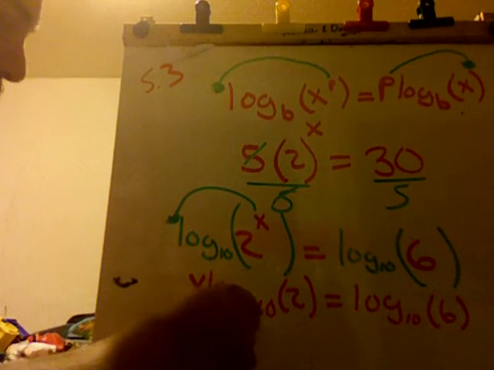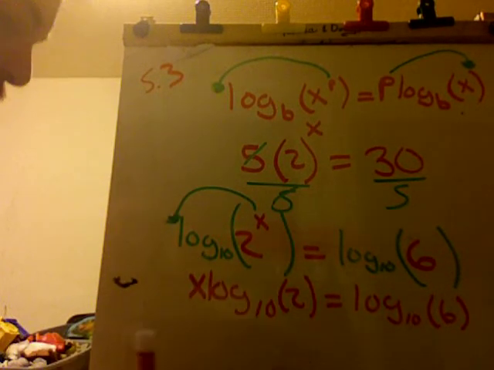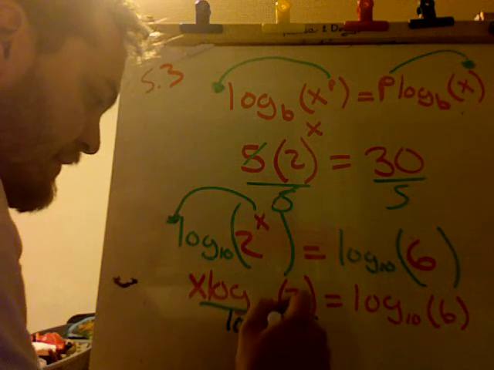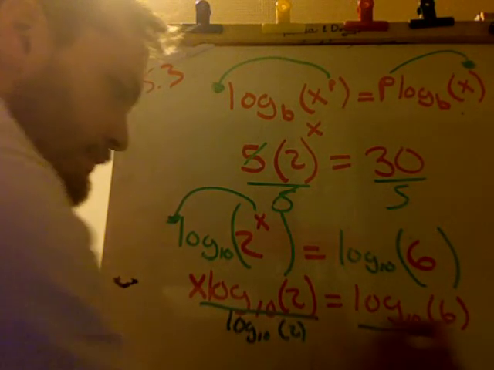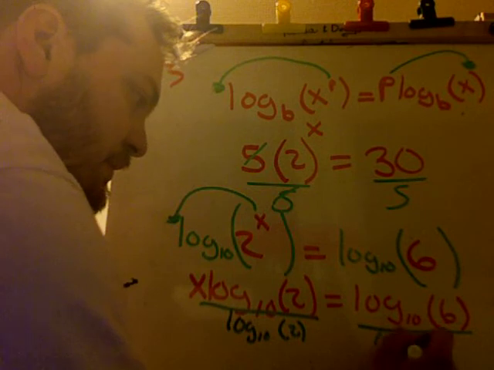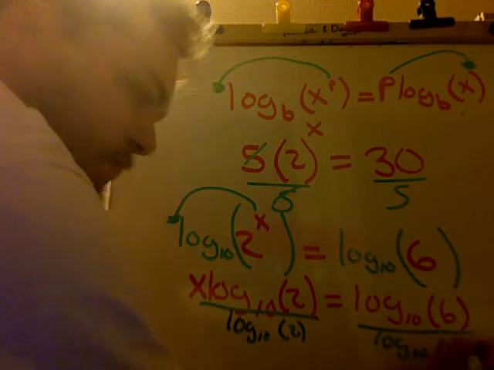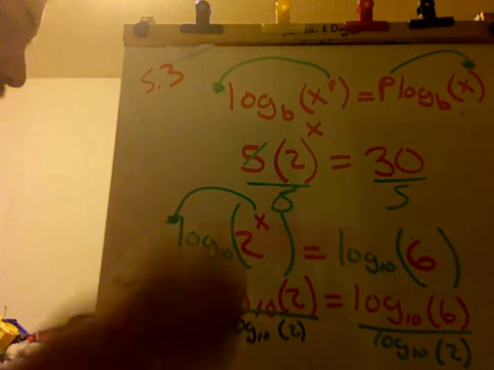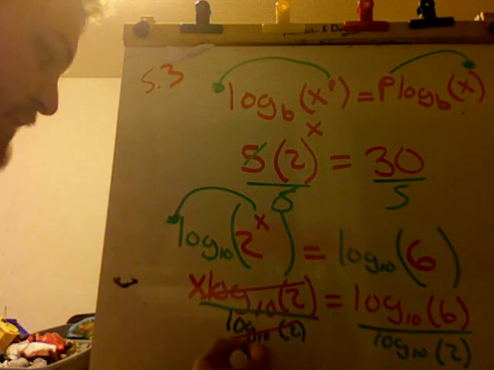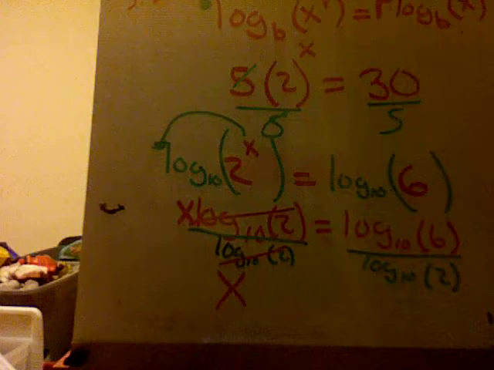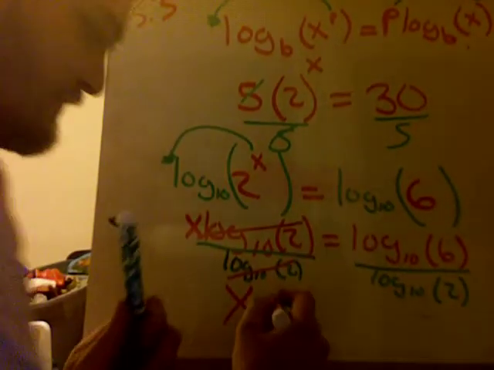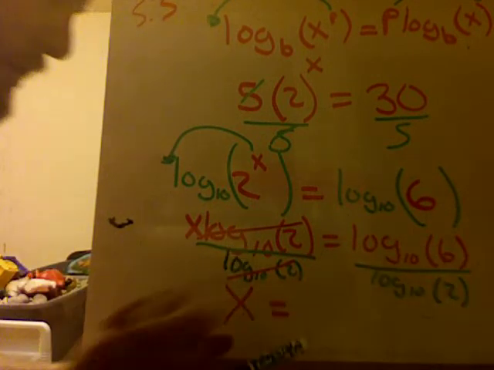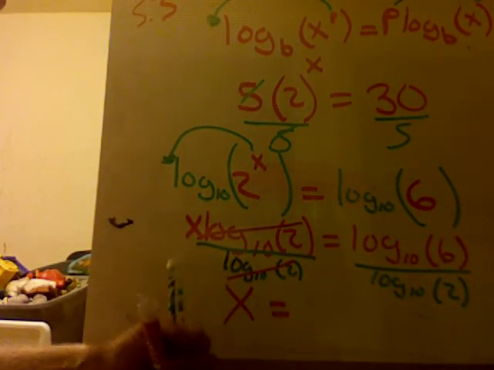Because this log base 10 of 2 is just a number, I can divide both sides by log base 10 of 2. Over here it cancels, so I'm left with x. And x is going to be equal to log base 10 of 6 over log base 10 of 2.